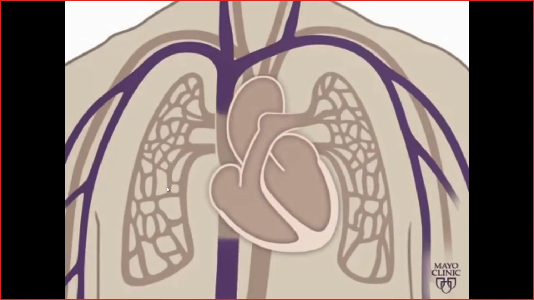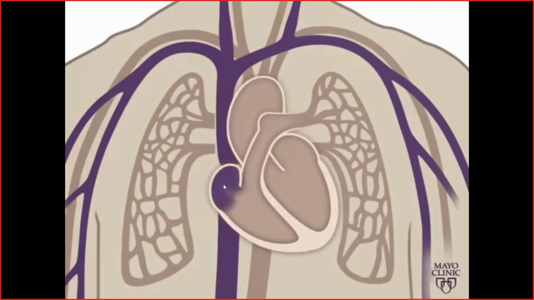Now the right atrium receives the non-oxygenated blood, or blood with a little amount of oxygen, or oxygen poor blood.